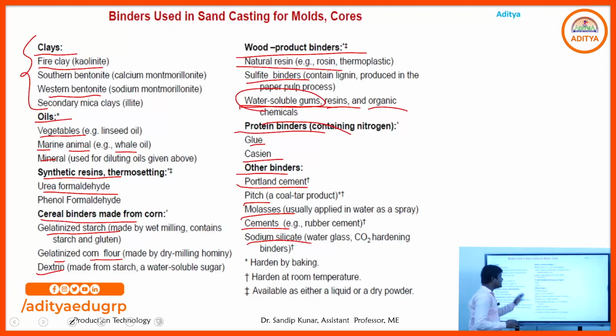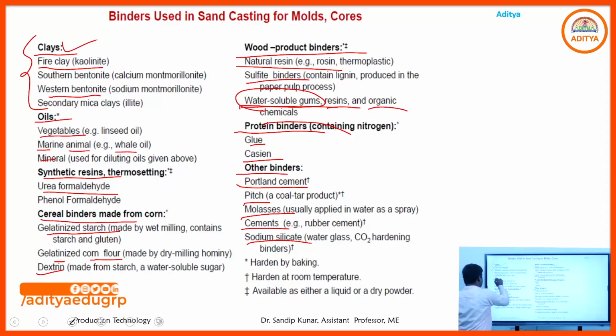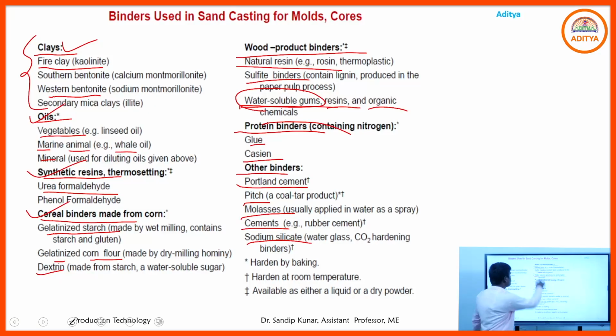That means clay, oils, synthetic resins, thermosetting materials, cereal binders made from corn, wood product and protein binders, and other materials like molasses, cements, pitch, Portland cement. Everything acts as a binder material.